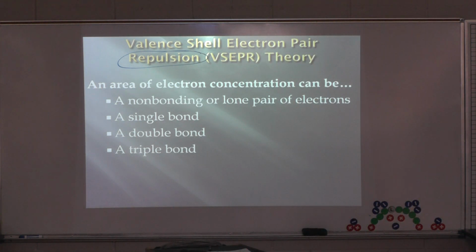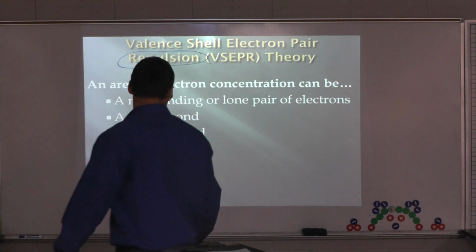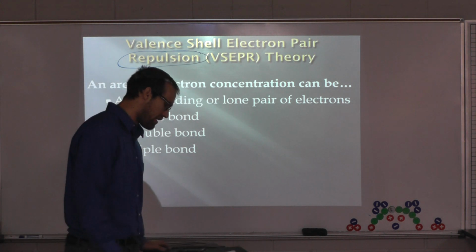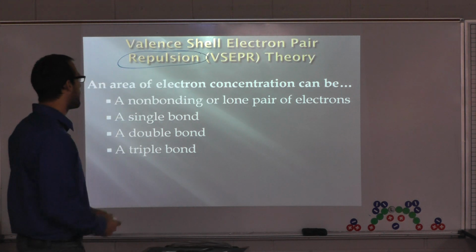Minimizing the repulsion means getting the negatives as far away from the negatives as they can possibly be. Make sense? So we're going to talk about how we're going to determine the geometric structure based on this particular property.